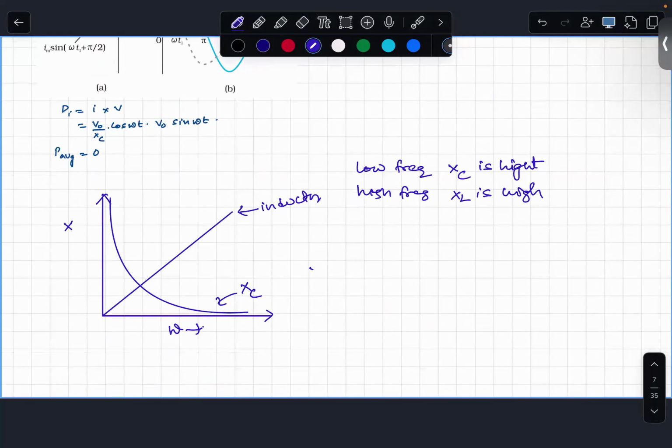Low frequency, XC is high. High frequency, XL is high. Any doubts? Clear? Boys and girls. Any doubts? Sure.